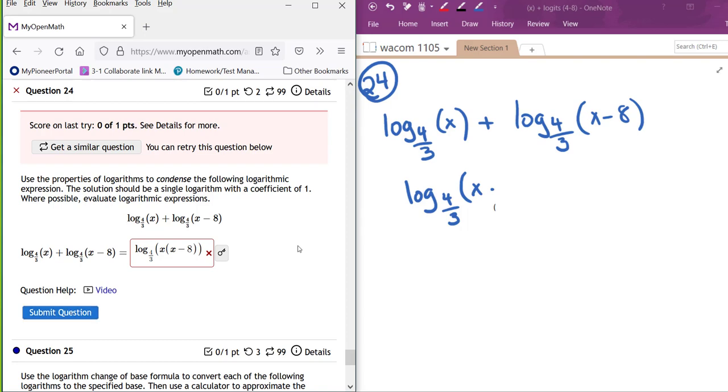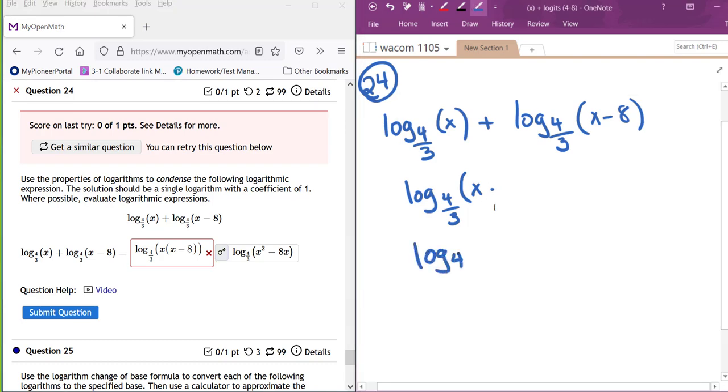And it did not want that. It wants me to multiply it out. So x squared minus 8x. So multiply that out. It's equivalent, but we won't argue with them. Oh no, I thought I wrote that. Maybe I did, and then I erased it or something. So I'll put the answer back on here.